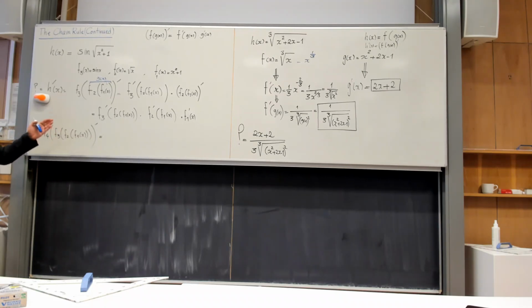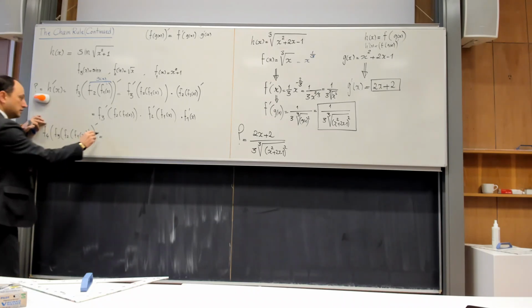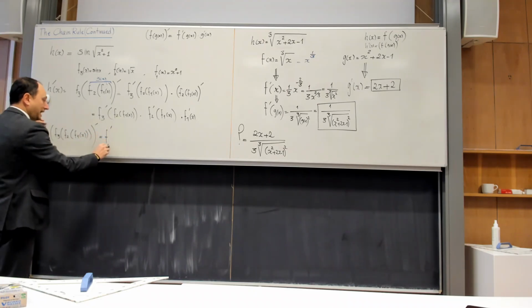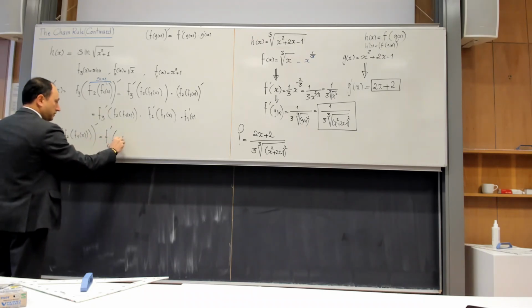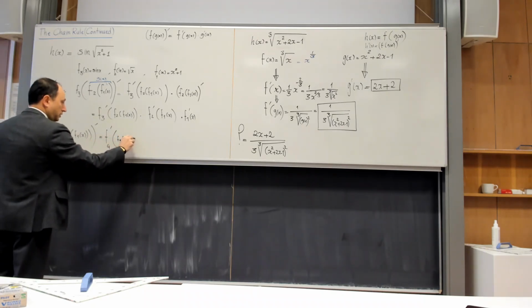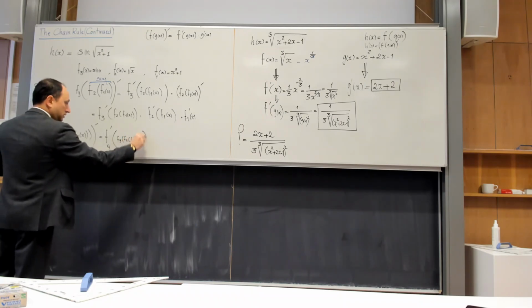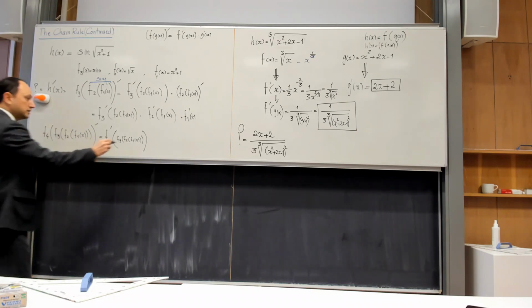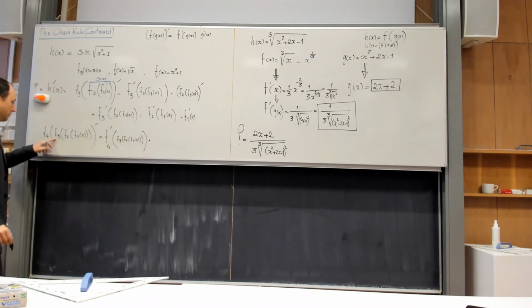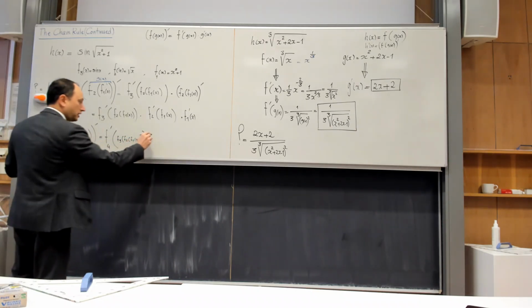If I want to write the final form of this one, what is the answer? It becomes the outermost function derivative. But be careful, calculate it where? At the inner function, which is this guy. So it becomes f4 prime of f3 of f2 of f1 of x. And then multiply it by what? Can you tell me? F3 prime, yes.